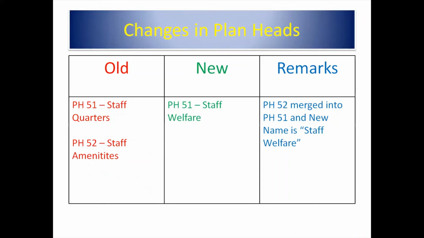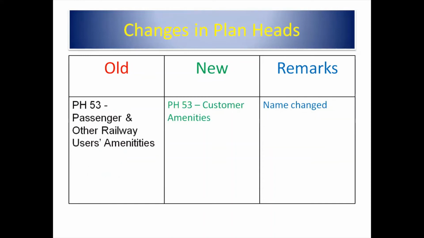That plan head number is 51. And this 53 is passenger and other railway users amenities. That means construction of foot over bridges, extension of platform, waiting hall. All these, now the name is changed to customer amenities. Remember?